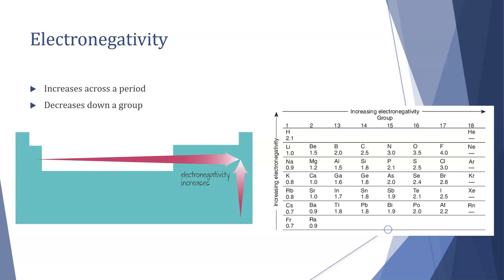And this is what we see here. You can see we increase across a period and it decreases down a group. So the most electronegative element we see is fluorine. Anything that is lower than fluorine or to the left of fluorine will have a lower electronegativity value.